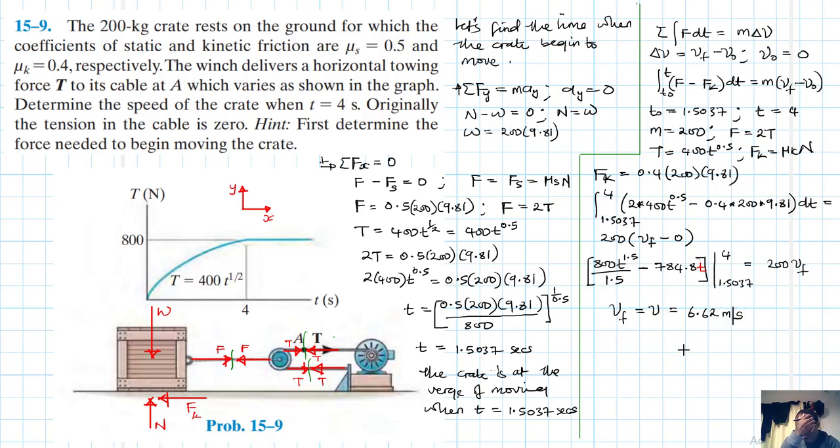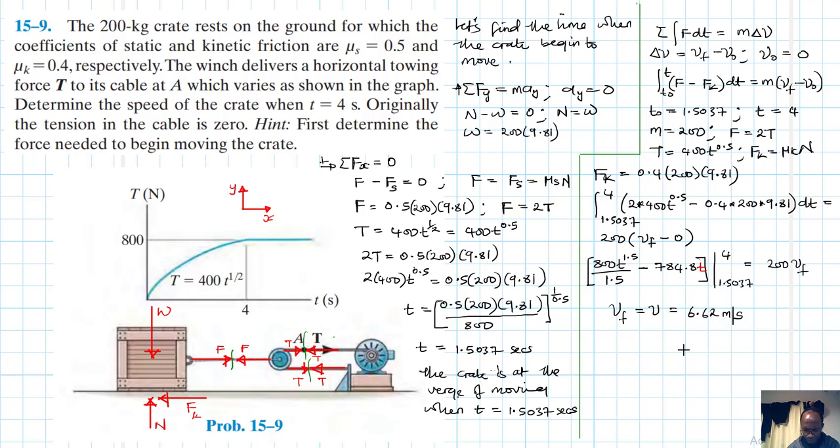I need to repeat this. So 800 divided by 1.5, that's 533.3333, times t, which is 4 to the power 1.5, minus 784.8 times 4, close brackets.